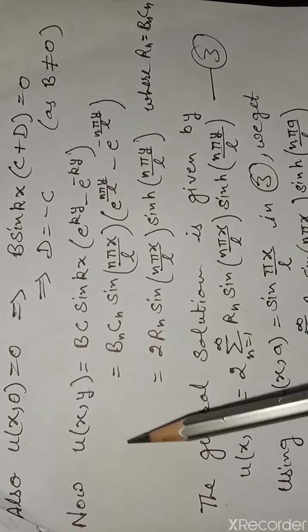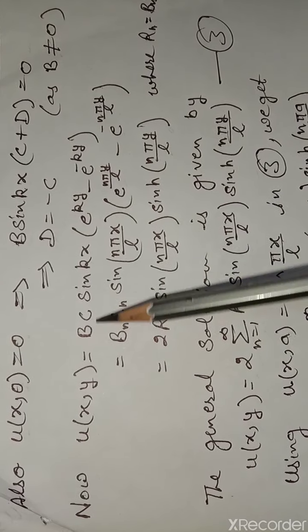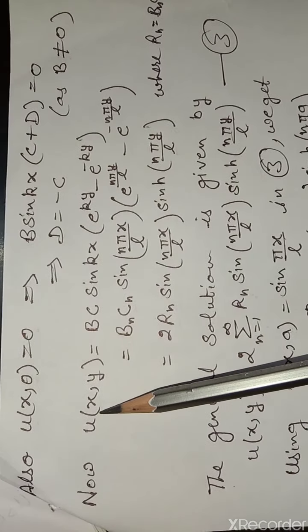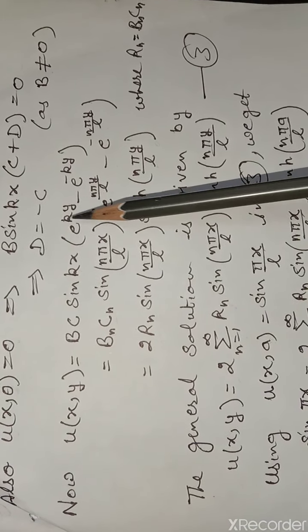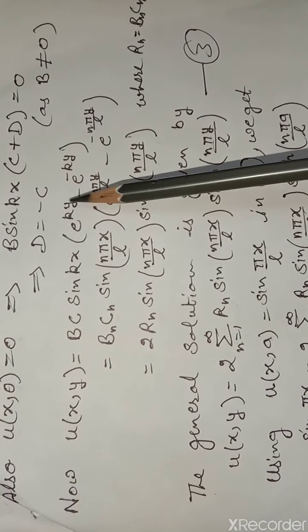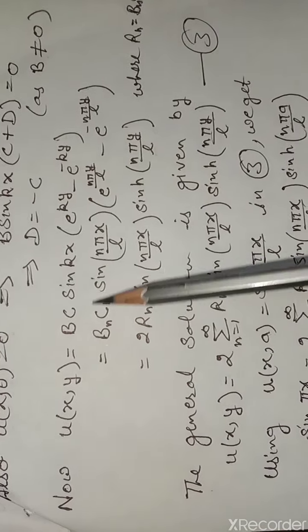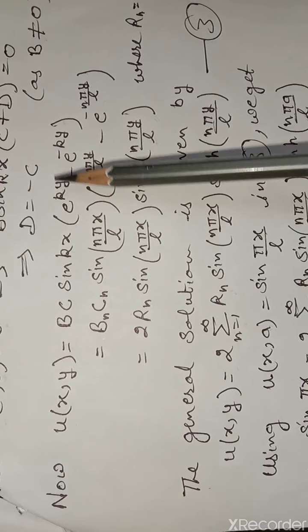And now substituting this value of d in the reduced solution, you will have u(x,y) is equal to bc sin kx (e raised to the power ky minus e raised to the power minus ky). Okay, now what is this k? K is n pi by l.